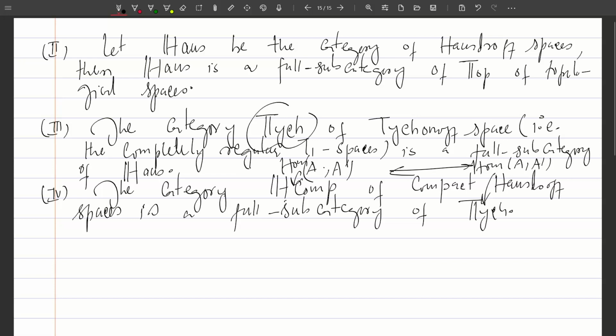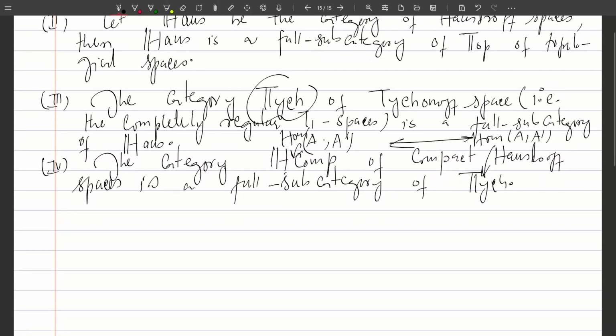Now let us do some examples apart from these topological spaces. This is the fifth example.